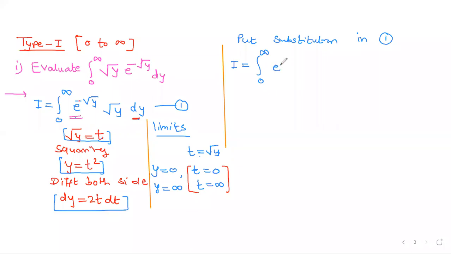So therefore substitution becomes e raised to minus t. Then side में क्या है, root y. तो root y क्या है, t है. So that is t. dy. So dy is 2t dt. Okay, there should not be any variable y. All is in t after substitution.